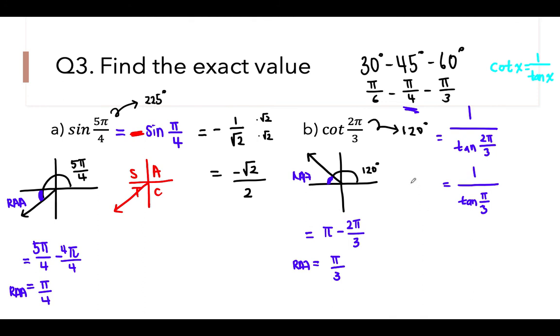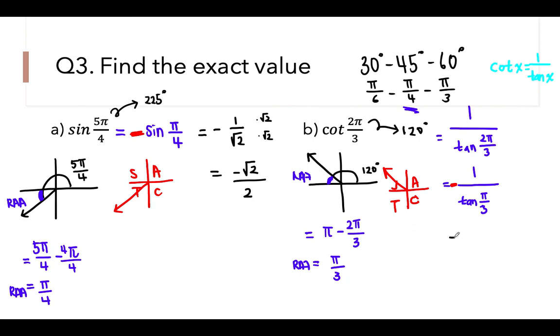The second step is using a CAST rule. So CAST, C-A-S-T, only sine can be positive. So therefore, I have to put a negative to my ratio. Now, using your special triangle for tangent pi over 3, it's going to be 60 degrees, and it's going to be opposite over adjacent.